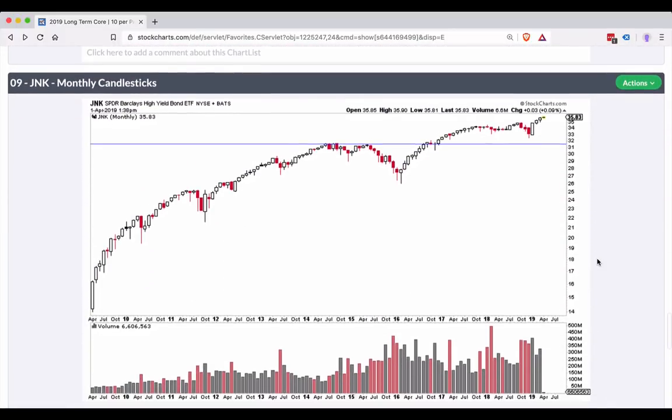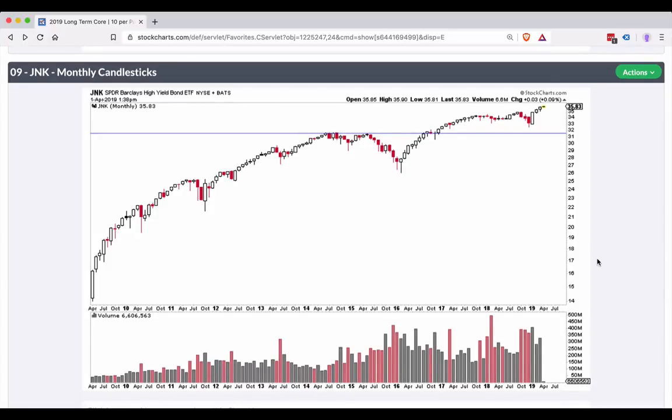And our next chart is high yield. Looking at the JNK high yield bond ETF, you can see this is a good measure for risk appetite. Credit markets tend to lead equity markets, especially in terms of turmoil; these tend to roll over first, the canary in the proverbial coal mine.